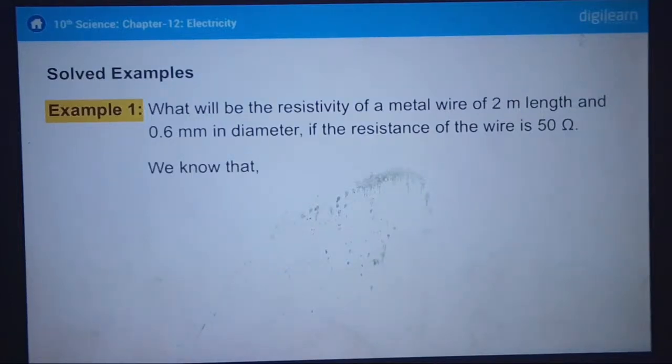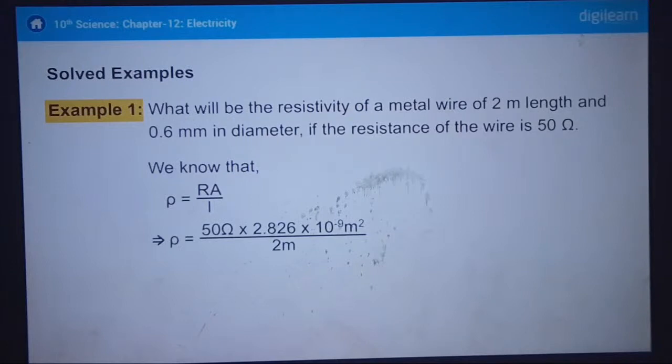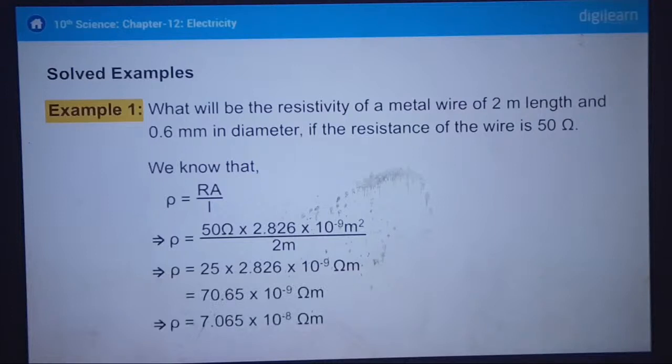We know that ρ = RA/L. Therefore, ρ = 50 ohm × 2.826 × 10^-9 meter square / 2 m. ρ = 25 × 2.826 × 10^-9 ohm meter, that is equal to 70.65 × 10^-9 ohm meter. Therefore, ρ = 7.065 × 10^-8 ohm meter.